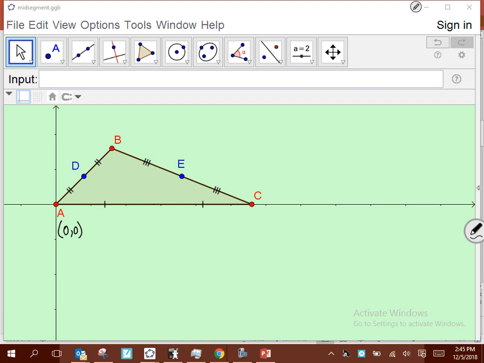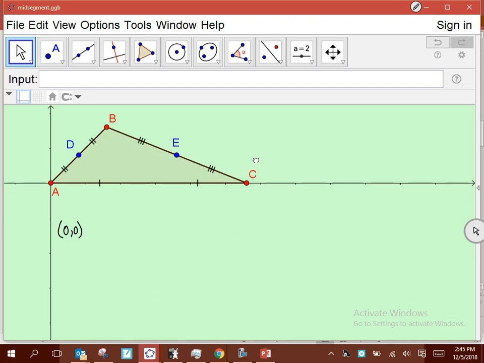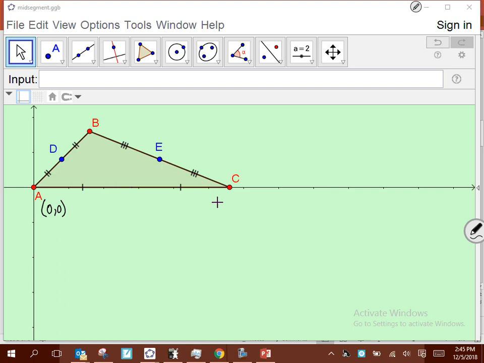Now, when I come to C, I want to label C as an ordered pair. Careful. Which coordinate has to be 0? Well, if the y-coordinate is 0, then to go from the origin, I don't move anywhere up or down, correct?